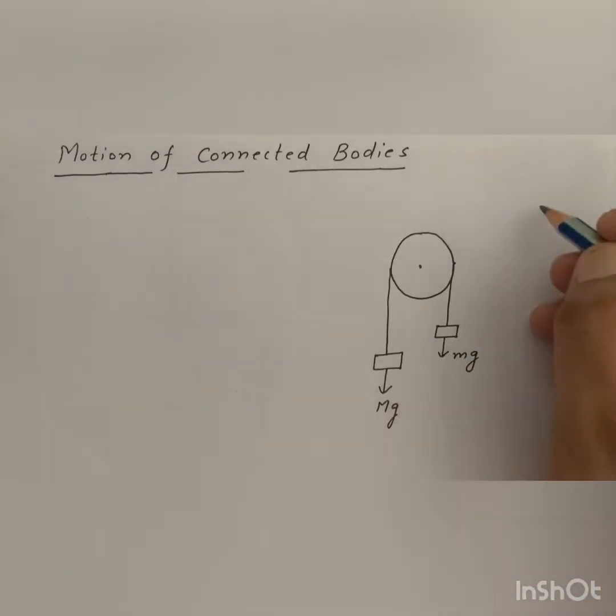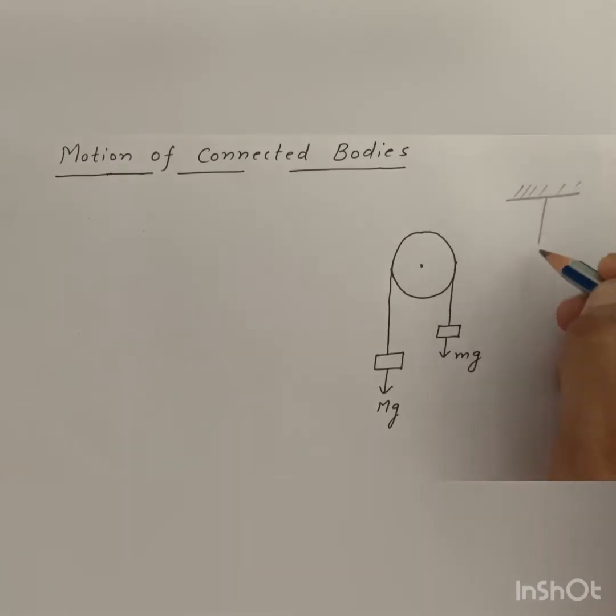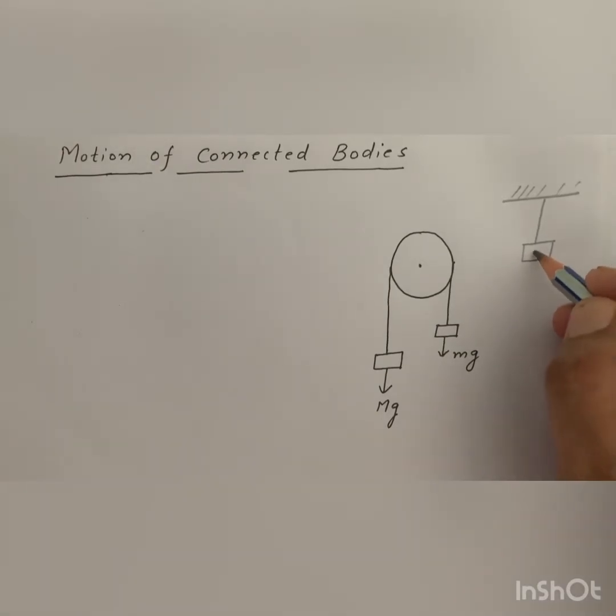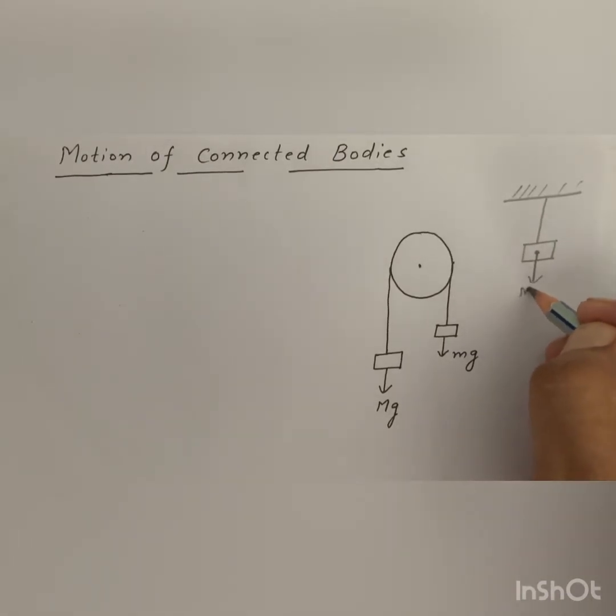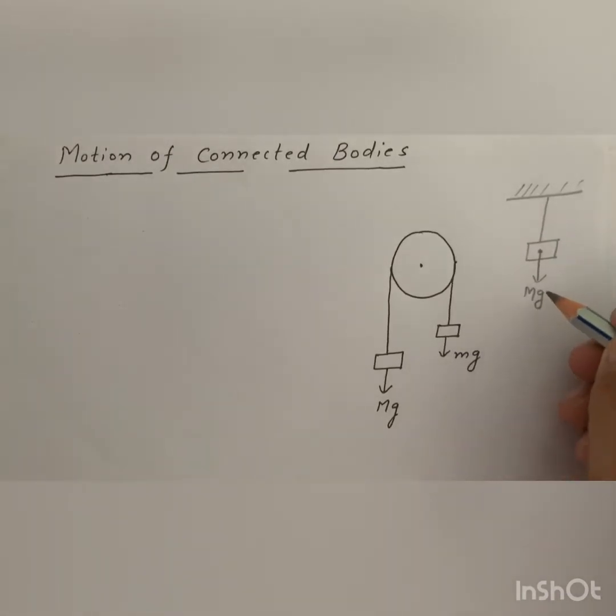Here, suppose a mass is attached to the string. The force acting on it is its weight, which is acting downward. Let its mass be M, so its weight is Mg, acting downward.